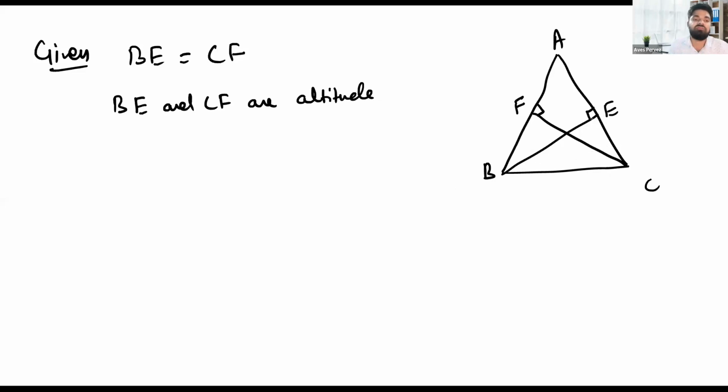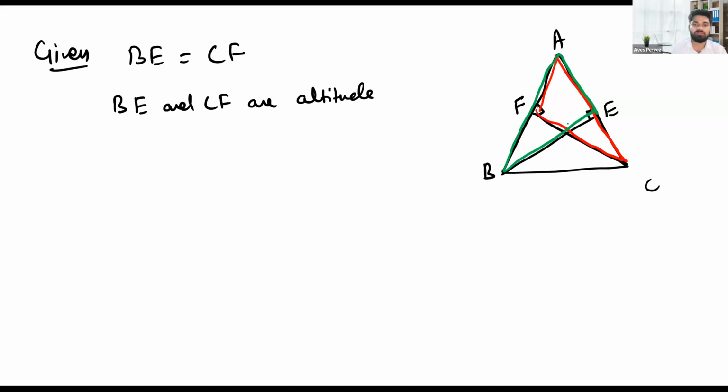So we will choose different triangles this time. We will choose triangle AFC and the next one is this triangle. Can you tell me, in triangle ABE, which is the hypotenuse?